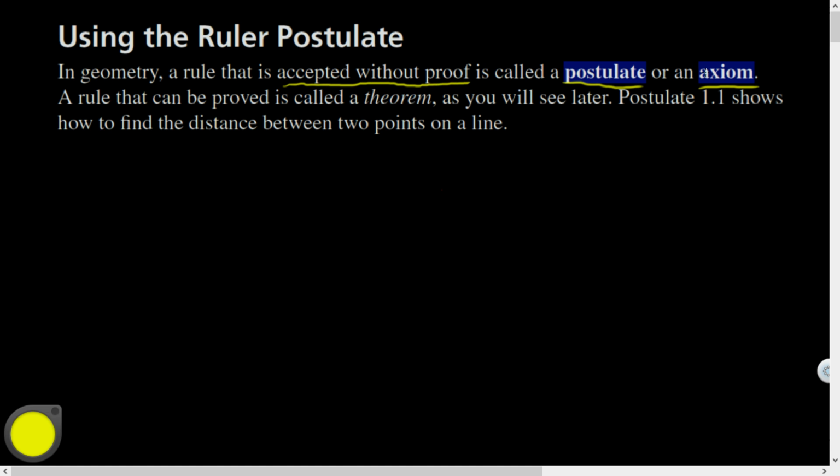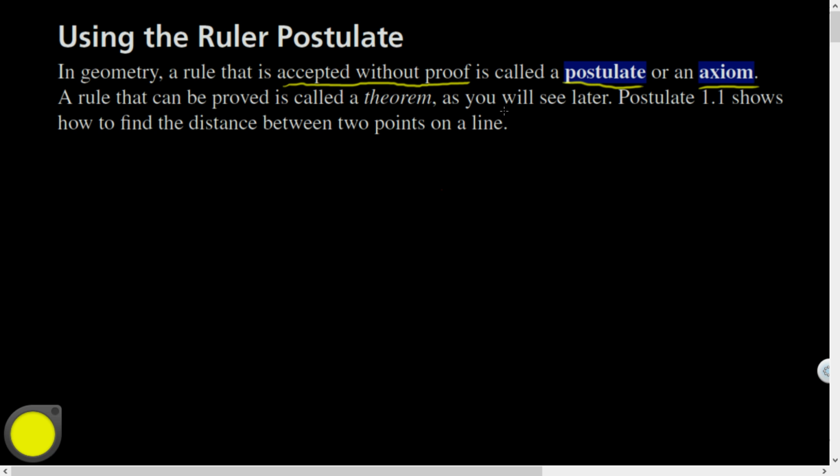And then using these postulates or axioms, we will start to combine them and apply them to different things that we observe. And we'll be able to discover additional facts called theorems, and we'll be able to prove them very logically. So a rule that can be proved is called a theorem, as you will see later.